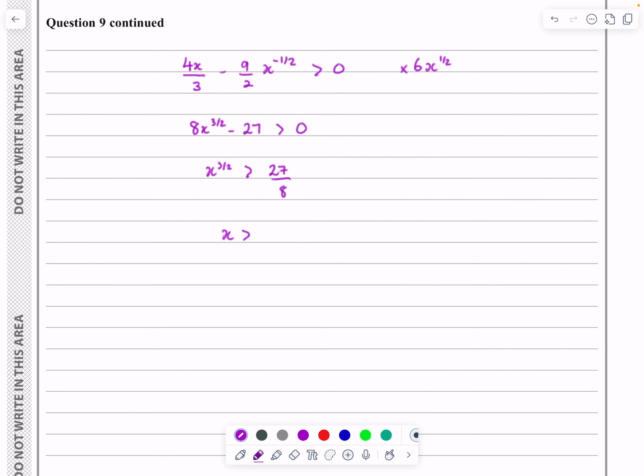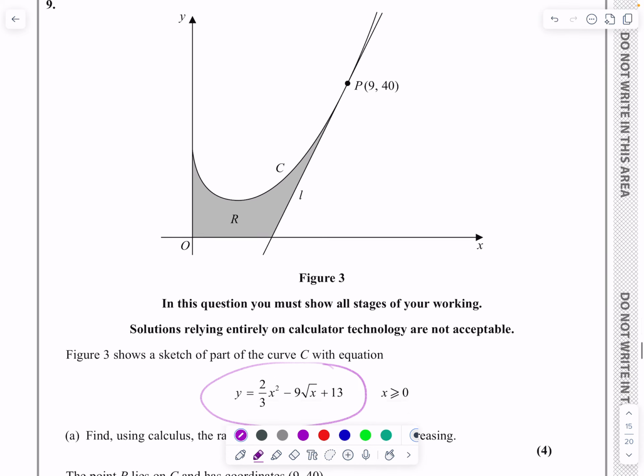So x is going to be greater than, if I want to get rid of that 3 over 2, I need to do 27 over 8 to the power of 2/3. I'm not going to write that in there, but just to show you what we're doing, and that works out that x then is greater than 9 over 4. Okay, so first part done.